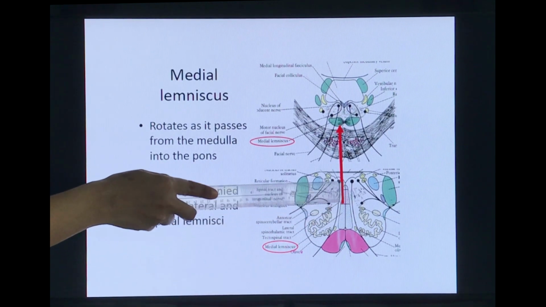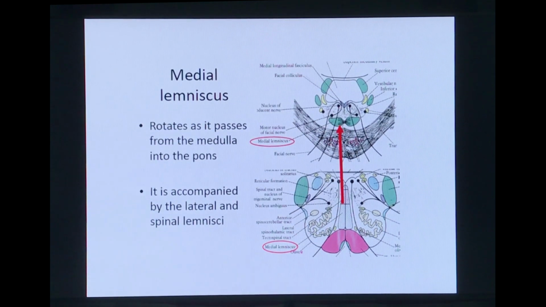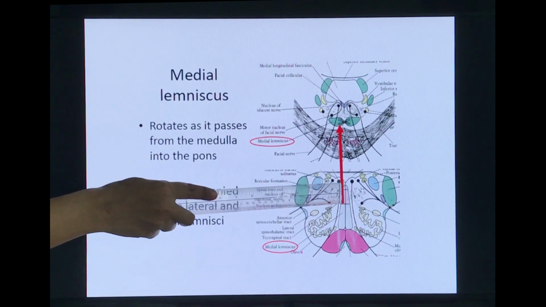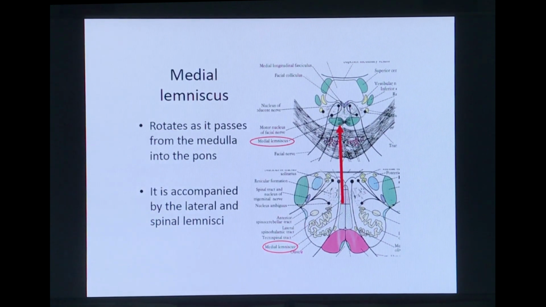In the medulla it was vertically placed, but in the pons it is horizontally placed. So there is a change in direction, which you have to know.